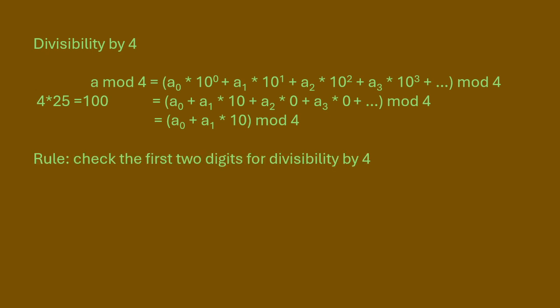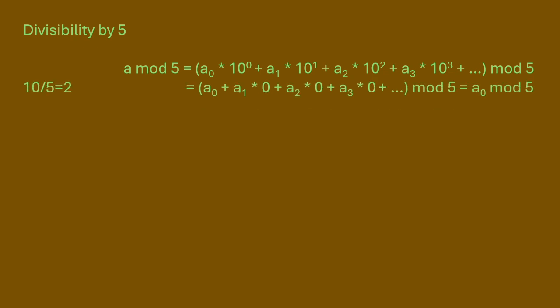So for our rule, we check if the last two digits are divisible by 4. For example, 936. 36 divided by 4 is 9. So since 36 is divisible by 4, 936 also is divisible by 4.